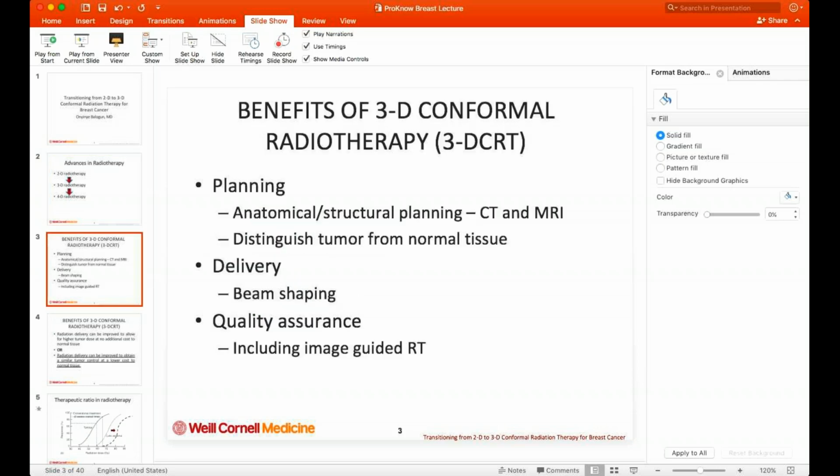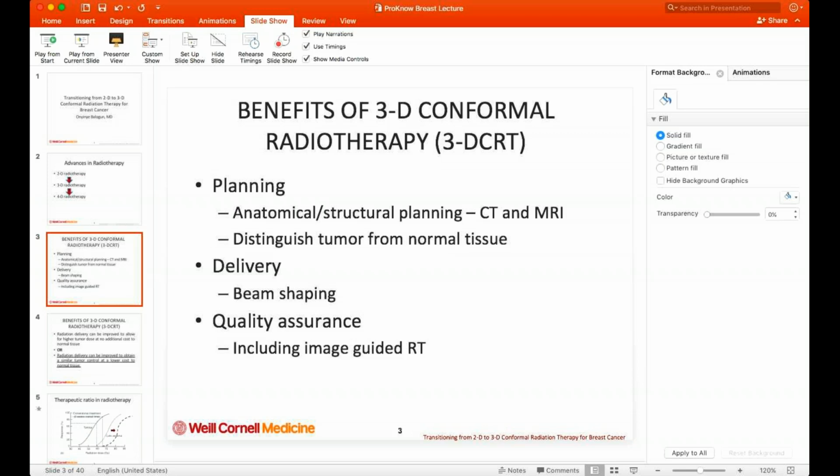So the benefits of three-dimensional radiation therapy are multiple. First, when it comes to planning, we have better anatomical and structural delineation using CT scans and MRIs, especially for soft tissues like the pancreas or the stomach. We're better able to see them.